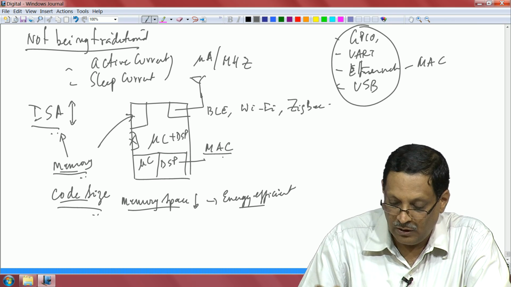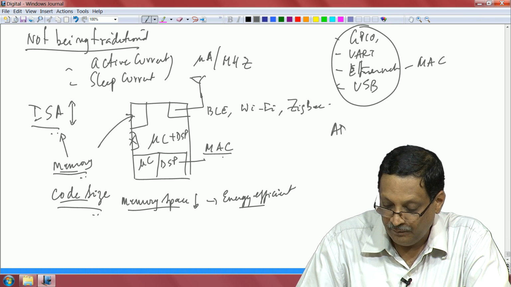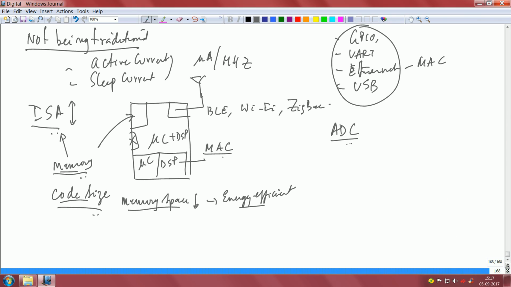But I want to draw your attention to what I think is a lot more important, which is the kind of ADC that the system supports. How many bits is the ADC, and a lot more important, whether it will accept a differential input. Why is this important?